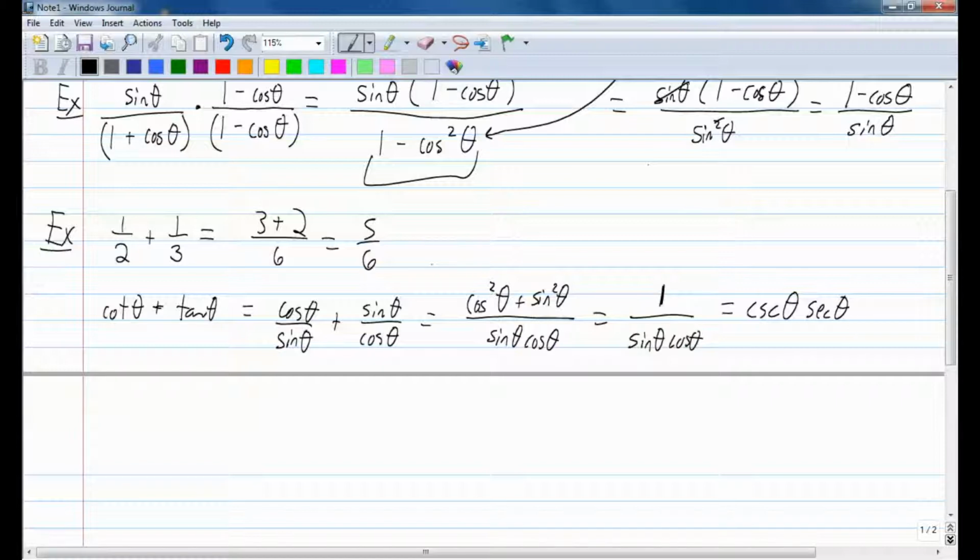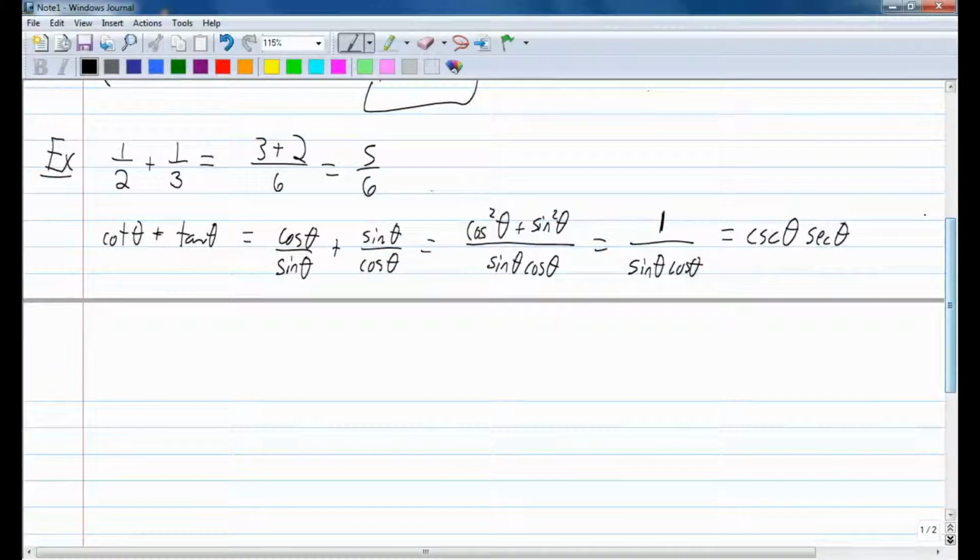Alright, one of the last ways we're going to go over is sometimes we may need to factor to rewrite things. So for example, say part of our identity we have the expression sine squared theta minus 1 over tangent theta sine theta minus tangent theta.